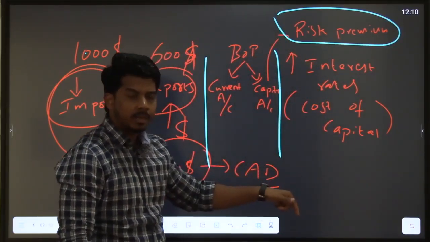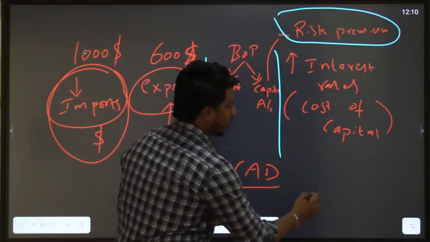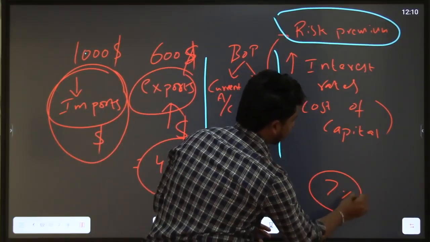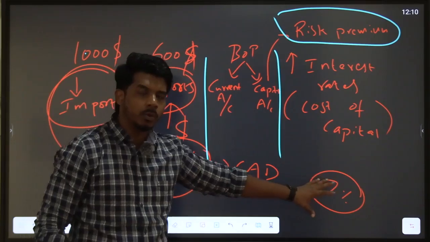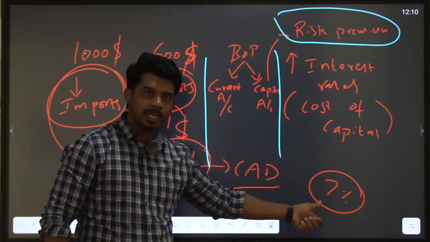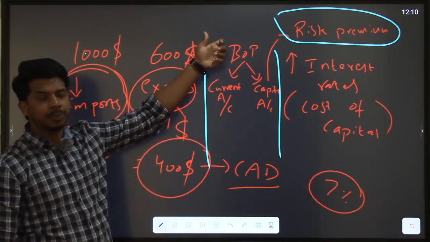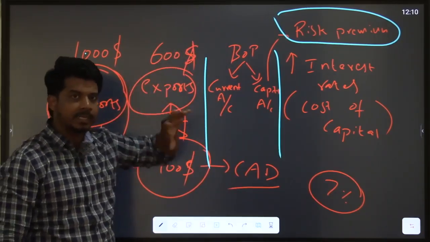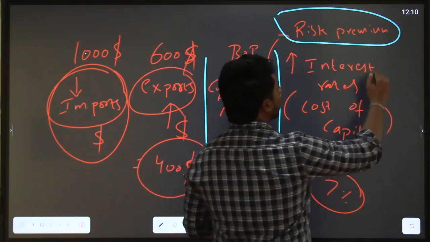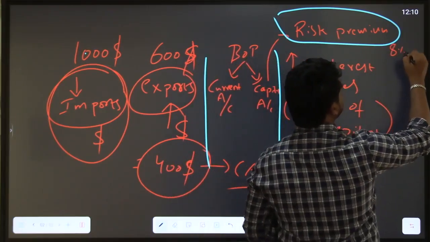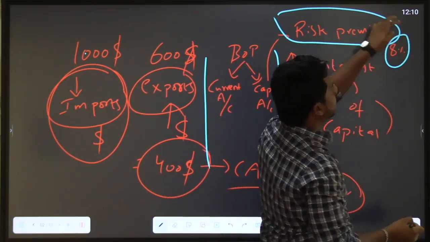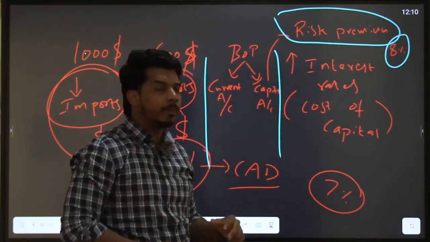An Indian investor may be ready to give a loan at 7% interest rate, but I cannot use it, I need dollars. So I need to take a loan from a foreign person only, and he says, sir, I will give you a loan only at 8%.